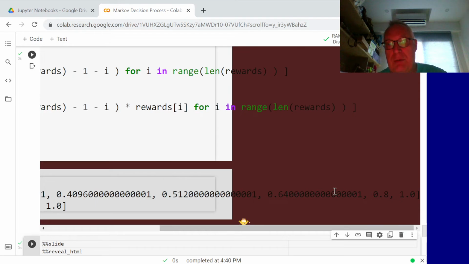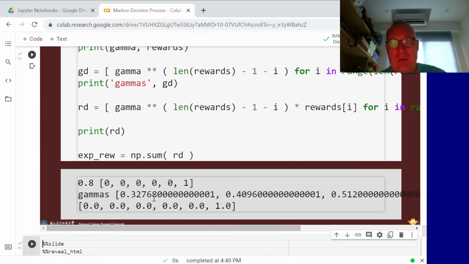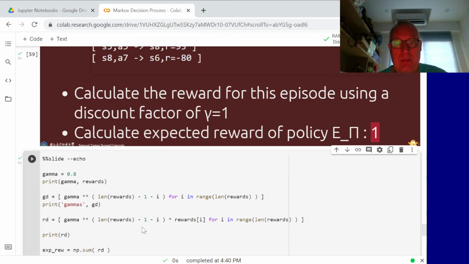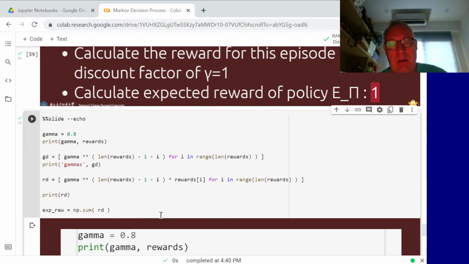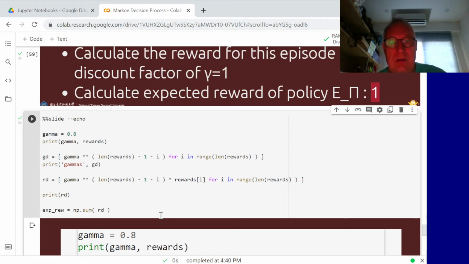So yeah, 1, 0.8, 0.64, 0.512, 0.40, 0.32 is the discount for the rewards going backwards. So the discounted reward for t equals 0.